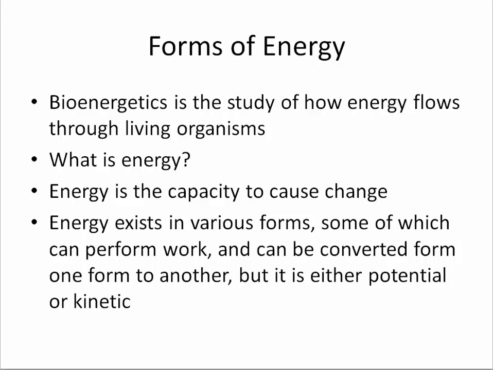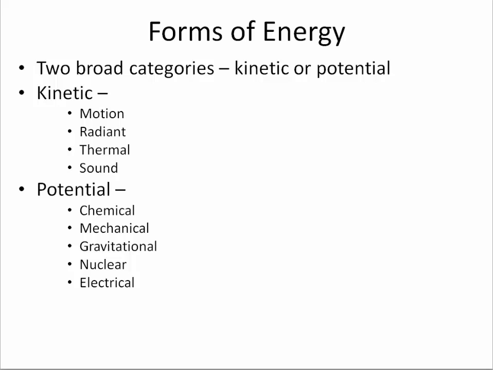So there are two big, broad categories, kinetic and potential. In the kinetic category, we have the energy of motion, radiant energy, thermal energy, and the energy of sound. So these are all things that are moving.